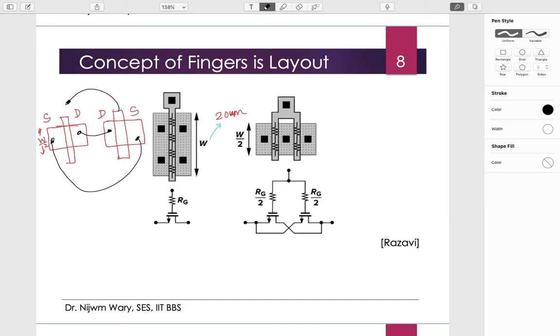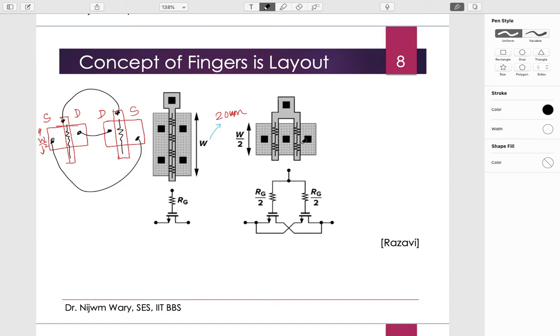Because the drains are the same, I can even club them together.